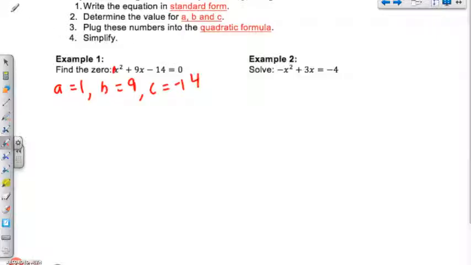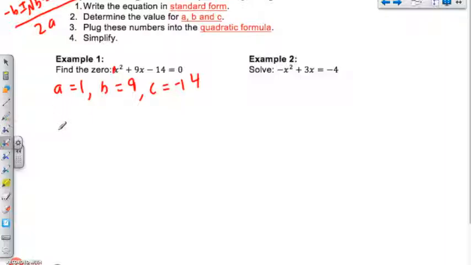Alright, just a reminder of our quadratic formula. It is negative b plus or minus the square root of b squared minus 4ac over 2a. And this is again on your formula sheet for you to refer back to. So next, we're going to plug these numbers into the quadratic formula.